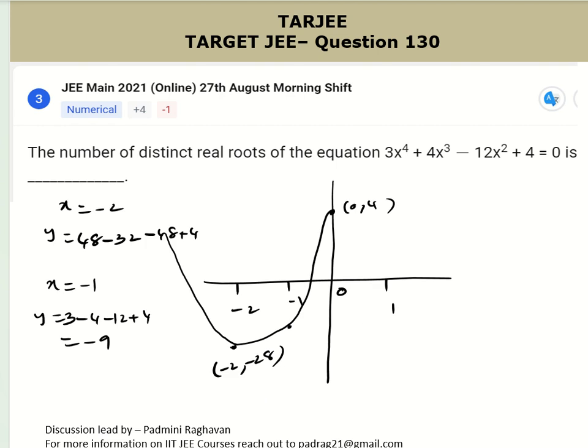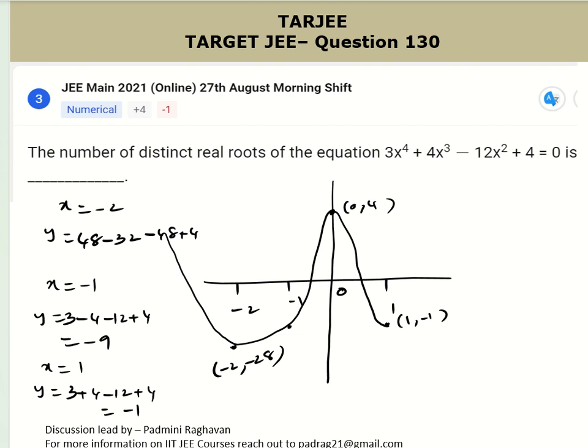So let us substitute x = 1. If you put x = 1, the y value is going to be 3 + 4 − 12 + 4, which is equal to −1. So at 1, the corresponding y value is −1. So between 0 and 1 there is going to be one root. From 1 to infinity it is again increasing.